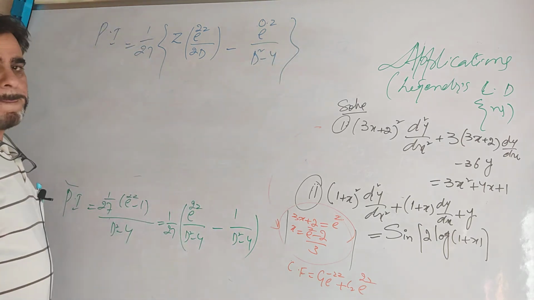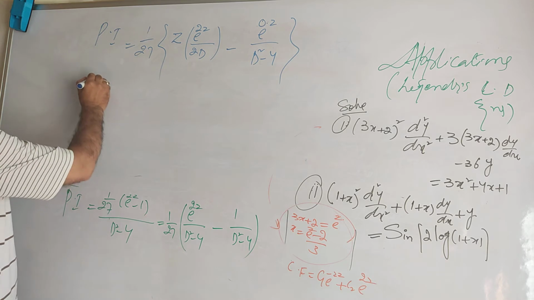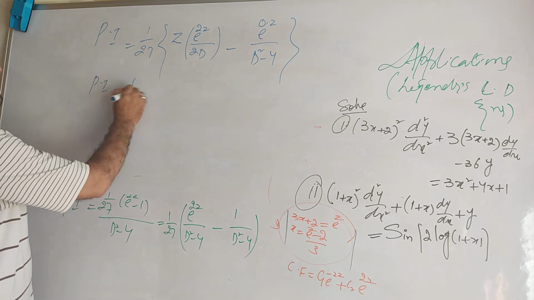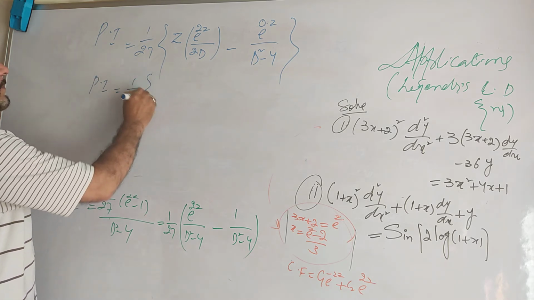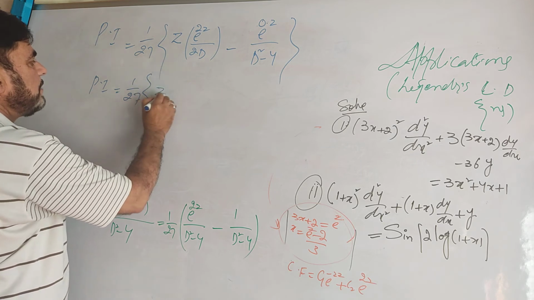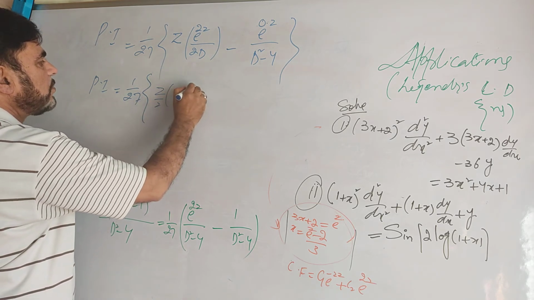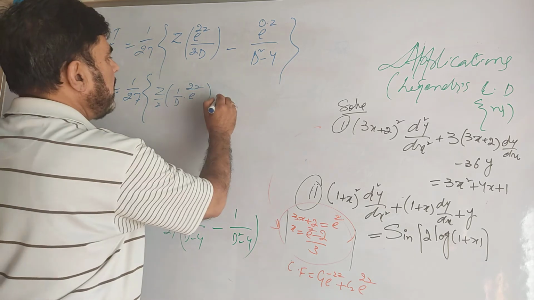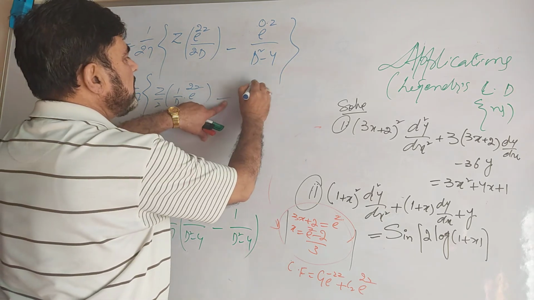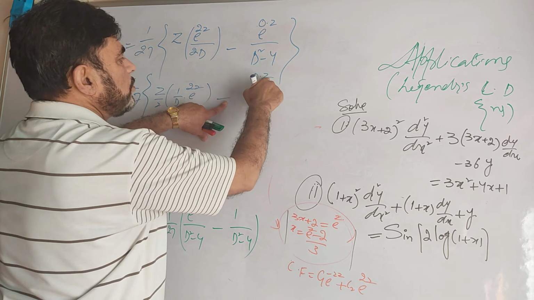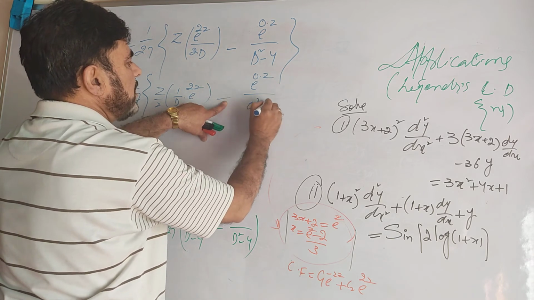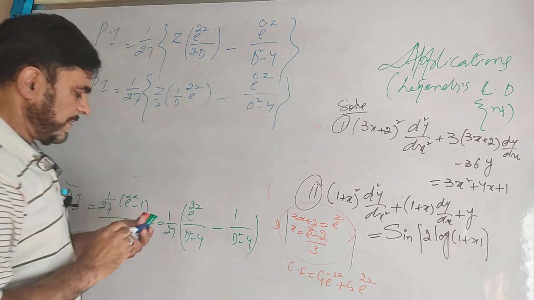No problem. This comes out to be: particular integral is 1 by 27, z by 2, 1 by D of e raised power 2z, then minus, here I can replace, it is e raised power 0z. The coefficient of z is 0. It is 0 square minus 4. It is quite different. It is defined here.